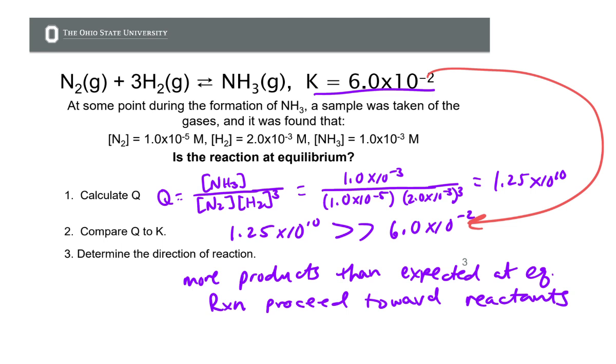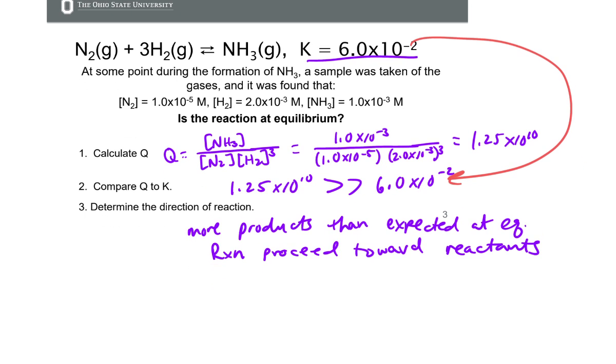Because I think there is another way that I'm not thinking of right now. Yeah, it could be written as forward and reverse. So we could say that the reverse reaction is likely to occur. Good call. So NH3 going to N2 and H2.